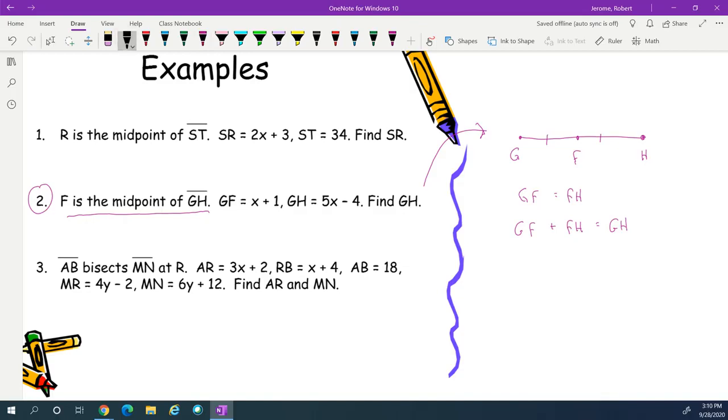Now let's see what we're going to do. GF is x plus 1. GH is the whole thing. Make sure you label things correctly. That's 5x minus 4.